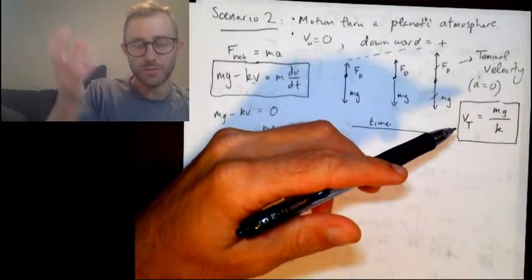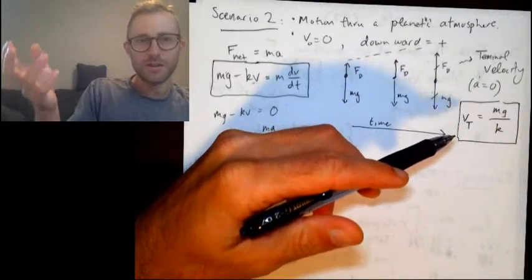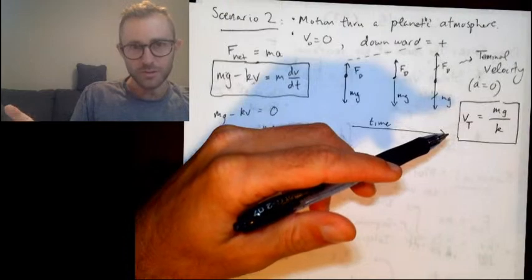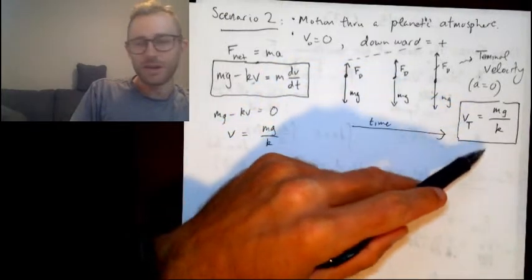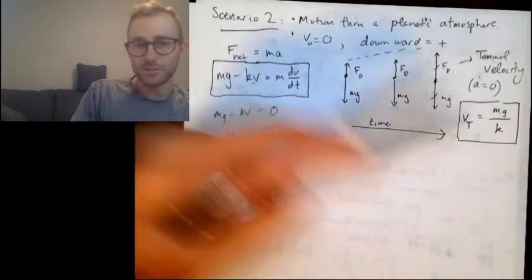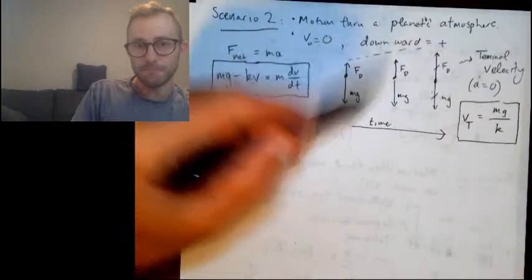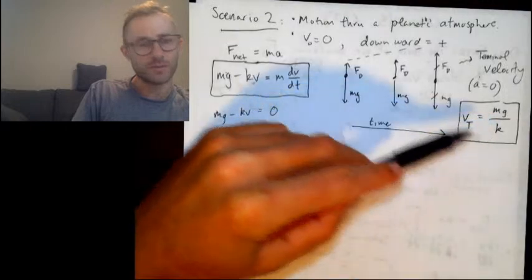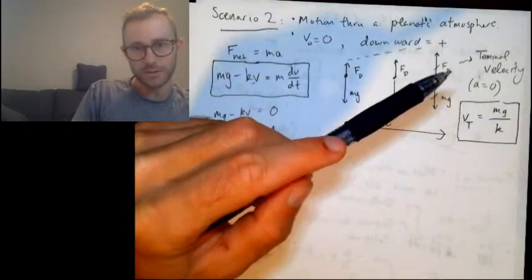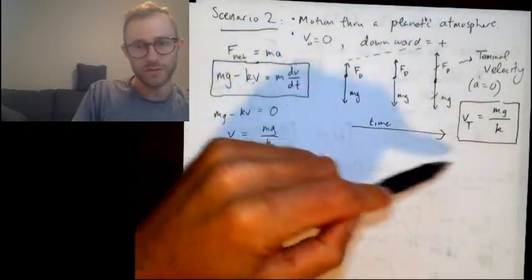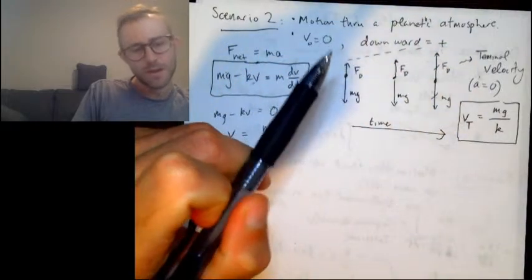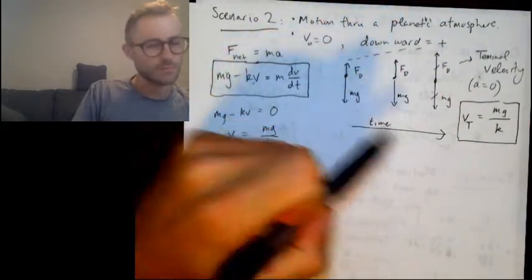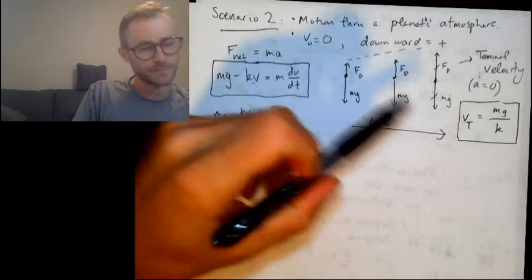If you're falling through molasses or water, you're not going to be able to fall as quickly as if you were to fall through the air. So the bigger the k value is, the lower your terminal velocity. So this equation makes a lot of intuitive sense. So that's nice.